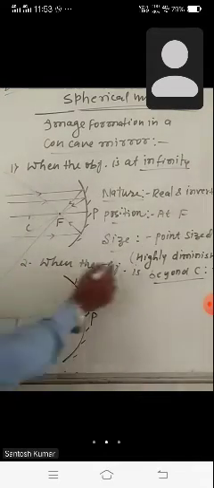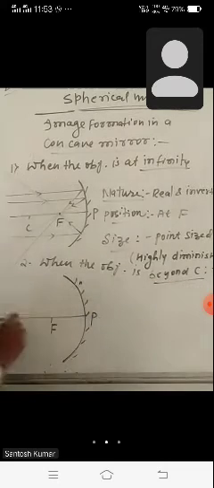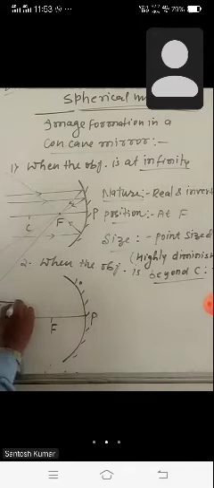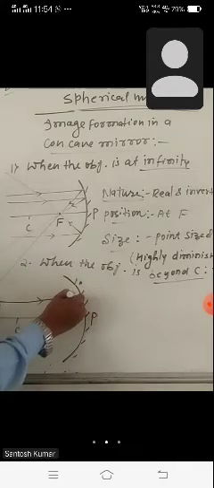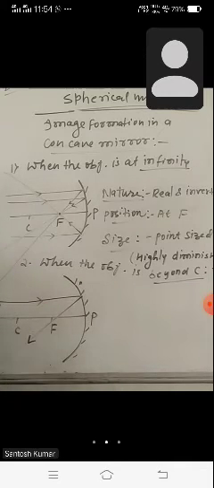This time the object is situated beyond C. This is the object, present here. This is the size. So rule number one: the first light ray is parallel, and as per the rule, a parallel ray passes through the focus.